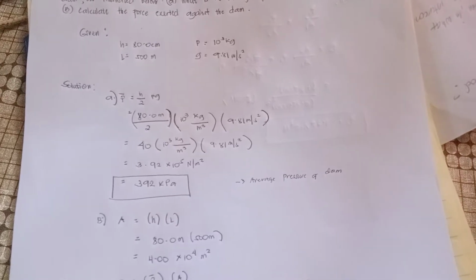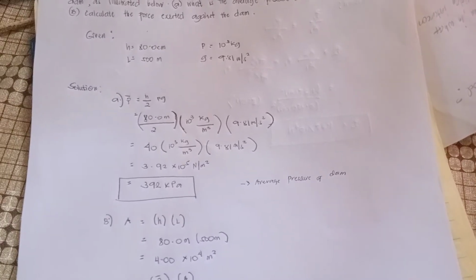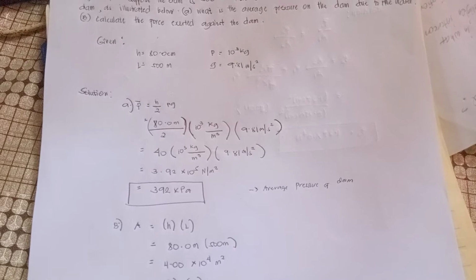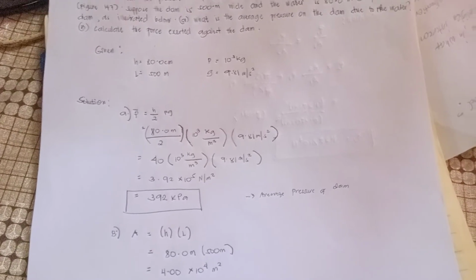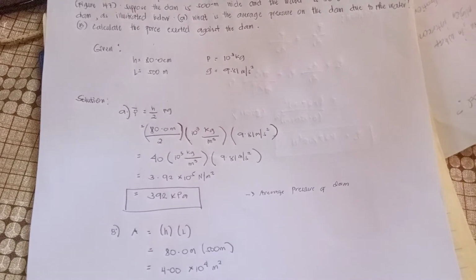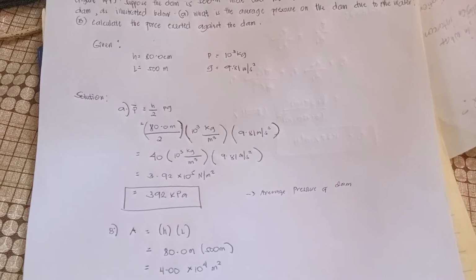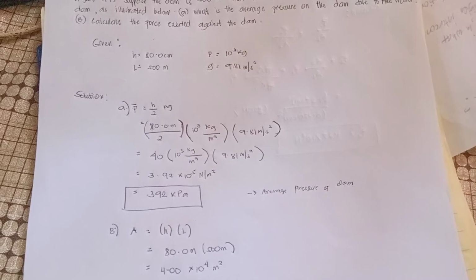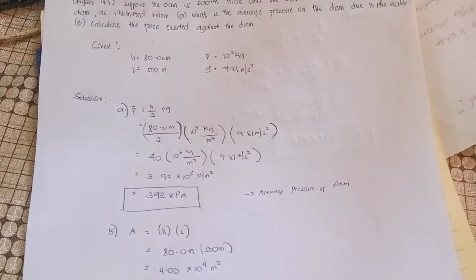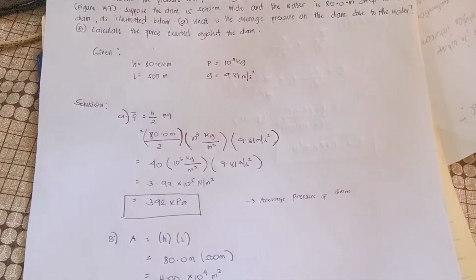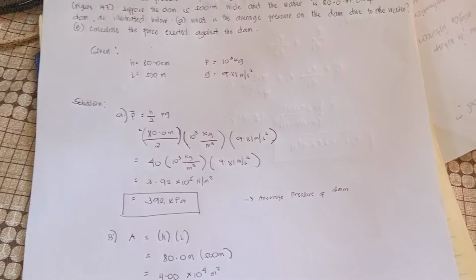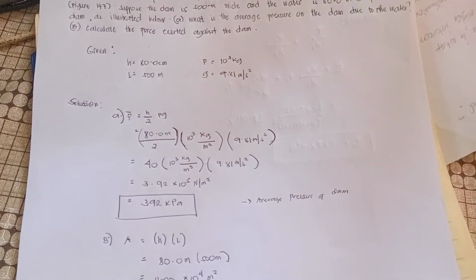So we just multiply. 10 cubed kilogram over meter cubed times 9.81 meter per second squared. By simplifying, we get 3.92 times 10 to the raised power of 5 Newton per meter squared.